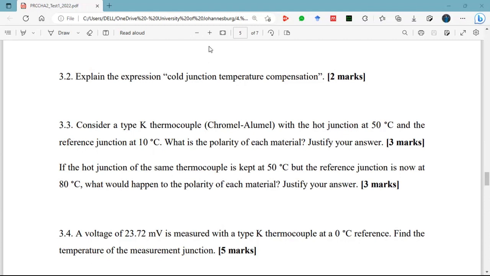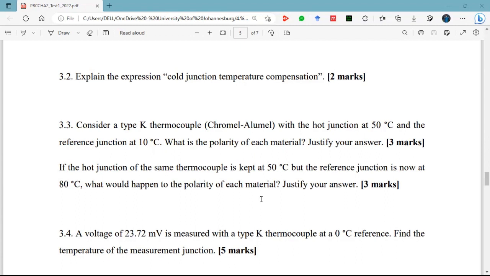If you're just talking about the theory, you remember the thermocouple Seebeck effect: two dissimilar metals. But these ones in a K-type thermocouple are not pure metals. They are metal alloys.